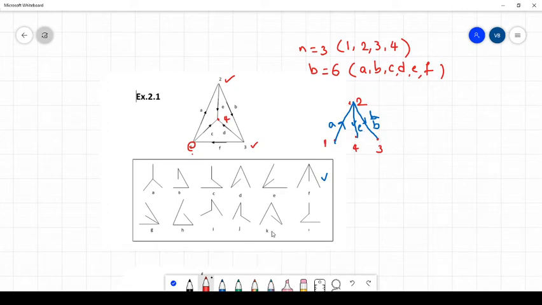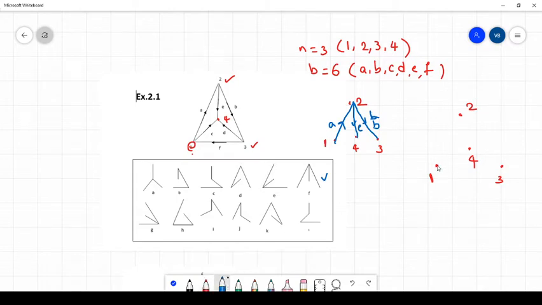Okay, can you draw the next? I'll take another example, which has 4 nodes, right? Here the second node is there, here the first node is there, and here I am placing the third node and 4th node. Okay, join them with the minimum number of branches.